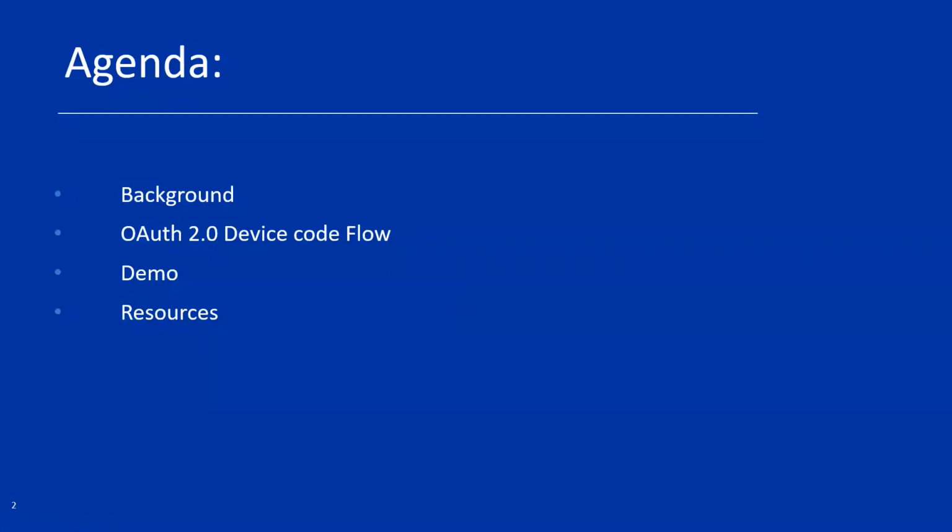So this is the agenda for today's session. I'll give you a background around device code flow. I'll show you an OAuth 2.0 device code flow. Then we will have a detailed demo of exactly what happens when the authentication happens and how the access tokens are exchanged.